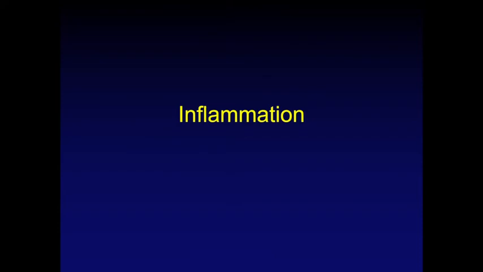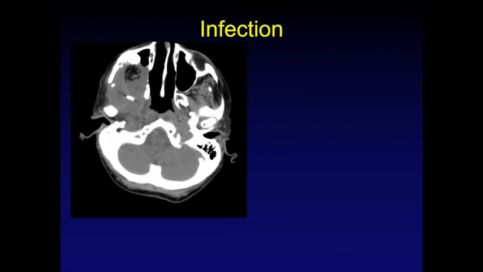Okay, let's talk about inflammation. After tumor, it is the other major way that you get abnormal uptake in the post-treatment setting. Infection can be very confusing in a patient who has undergone surgery. You can see there's a large mass here deep to the patient's reconstruction flap, right around the surgical clip, a perfect location for recurrent tumor, and this bulky mass, I called it tumor.